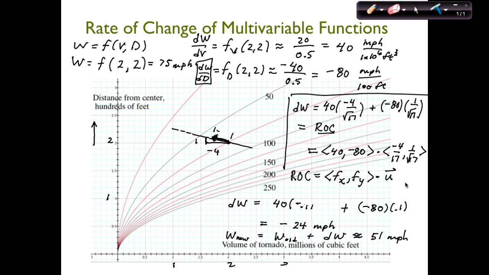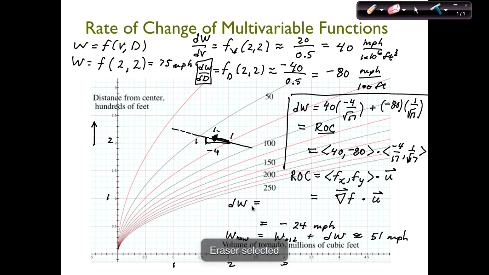This vector of partial derivatives is called the gradient vector. It's written this way, upside down triangle. And the notation for this rate of change is big D for derivative in the direction of u of the function f.